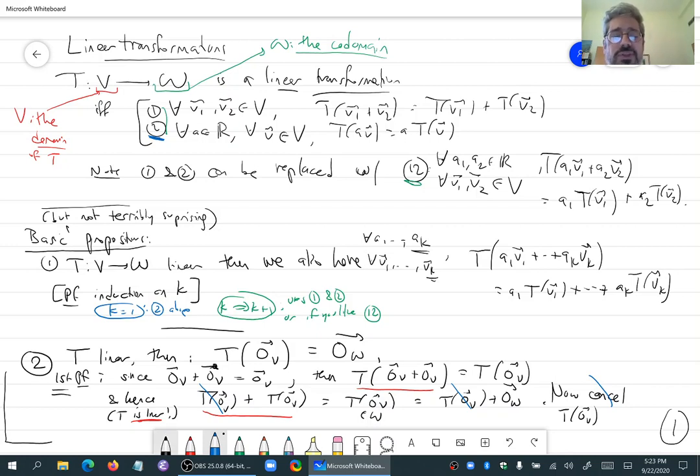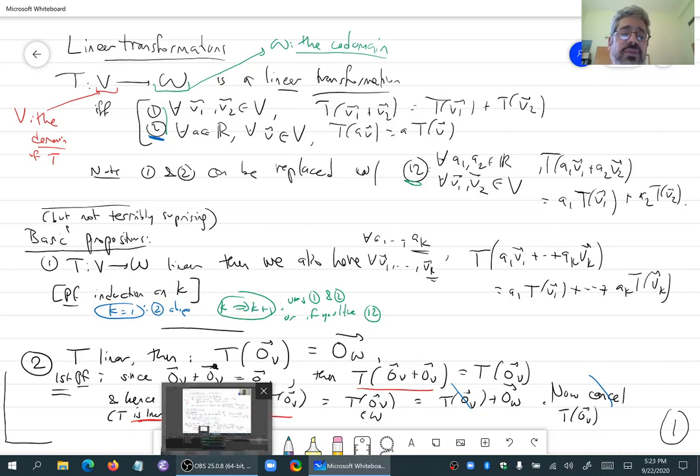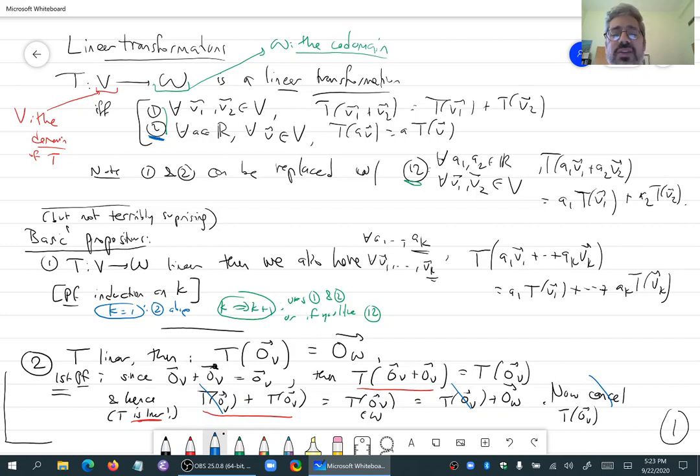Now we know what it is for sure. Of course, this is structurally just like the proof we did for a scalar times 0 vector is equal to the 0 vector, and basically because multiplication by a scalar is also a linear transformation. That was in some sense a special case of this thing we're doing here.